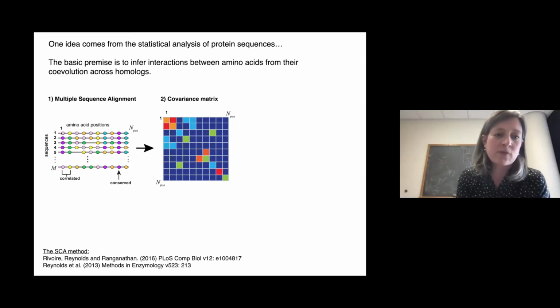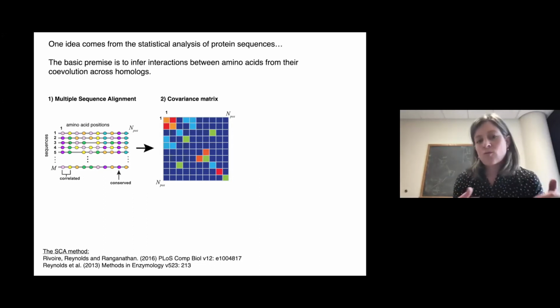So for example, if I'm looking at positions 1 and 2, I can see that every time this pink residue changes to purple, then I get a correlated change at the second site from yellow to green. Based on that, I can infer, well, maybe these first two amino acids are subject to some joint or shared functional constraint. And very loosely speaking, perhaps this means that they are talking to each other.